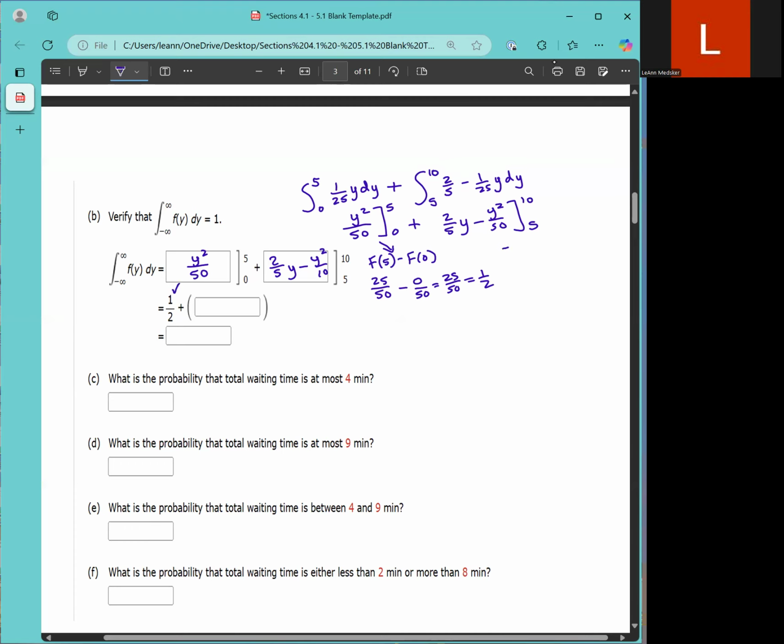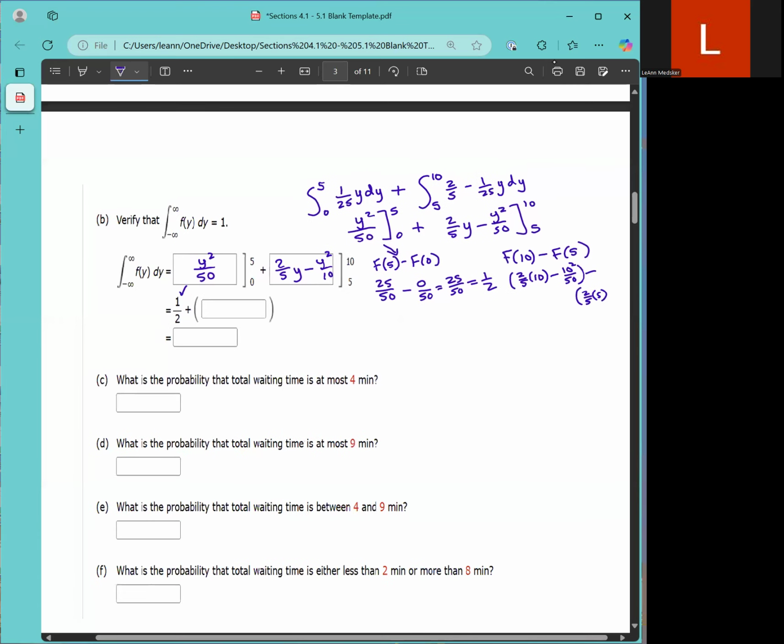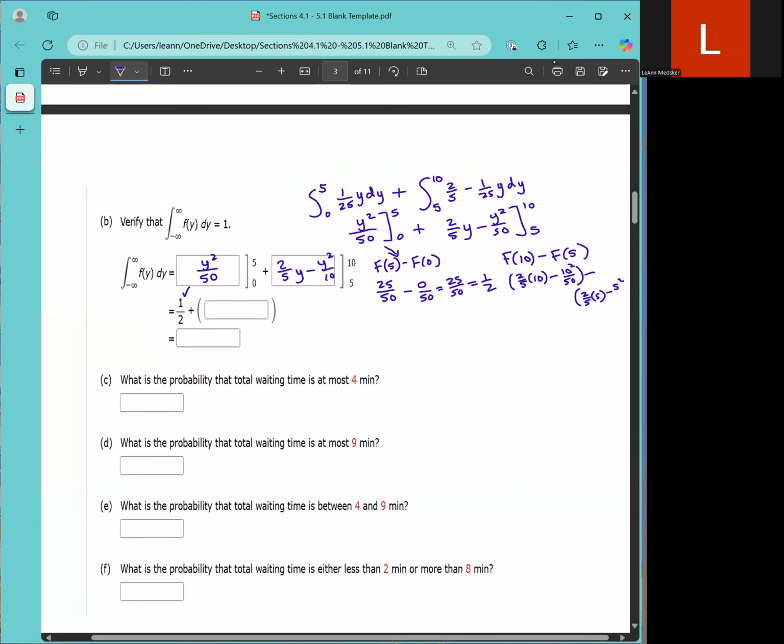And then we have the second one, which is big F of 10 minus big F of 5. So that's going to be 2/5 times 10 minus 10 squared over 50, minus, and then we'll have 2/5 times 5 minus 5 squared over 50.